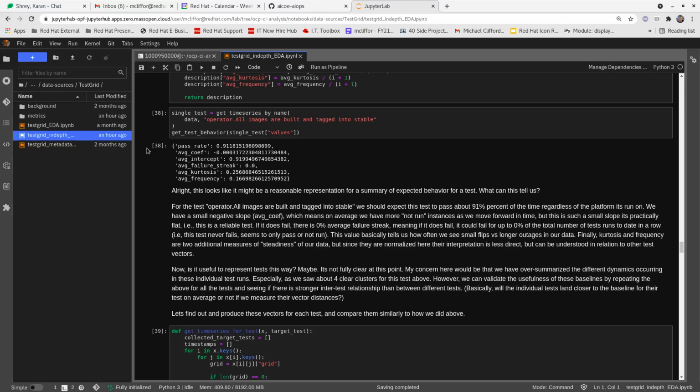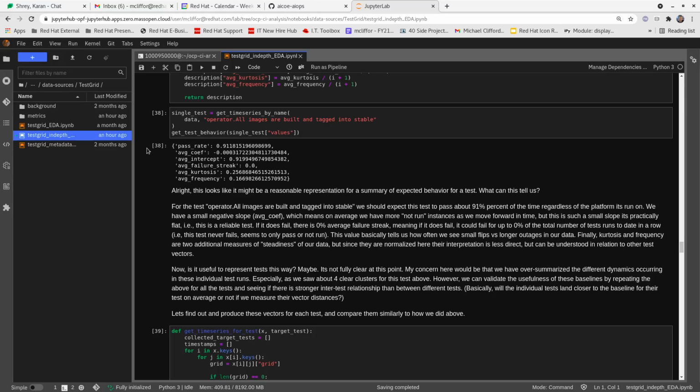I guess if it had a 5% failure streak and it did fail, you would expect on average for the streak to be 5% of the length of the data. The failure streak gives you a sense of how often we see small flips, like flaky behavior, versus long outages in our data.